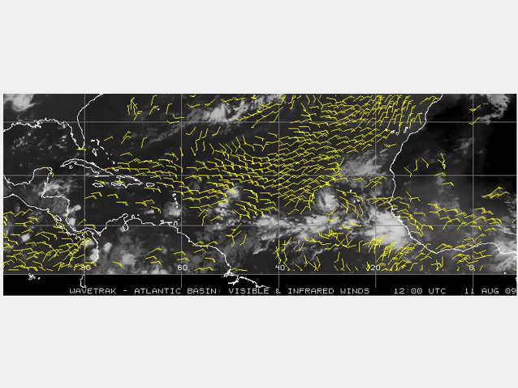Another useful tool for tracking easterly waves is the WaveTrack product from SIMS. In this example, the GOES visible or IR image is overlaid with the GOES cloud drift low-level winds. Only winds in between 600 and 925 millibars are shown for this product.